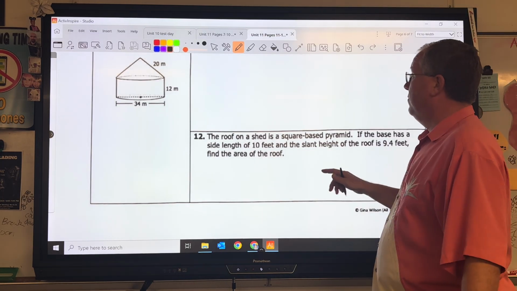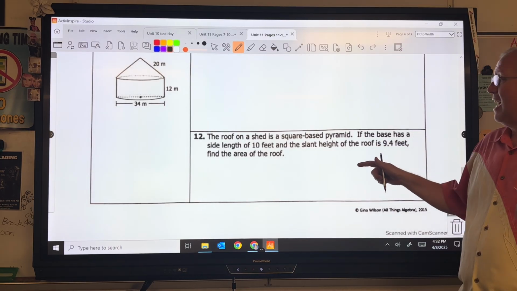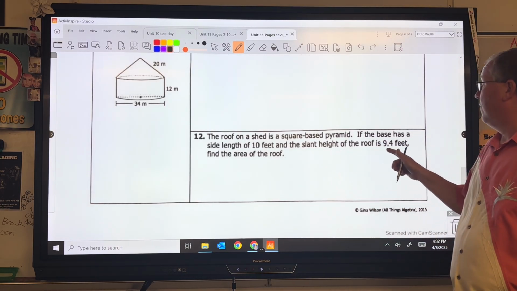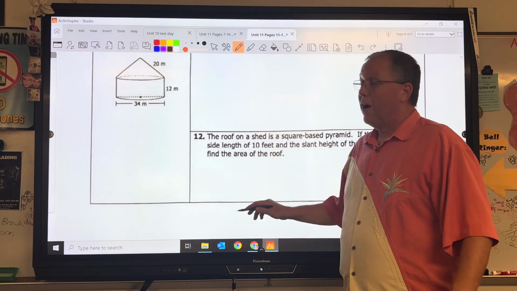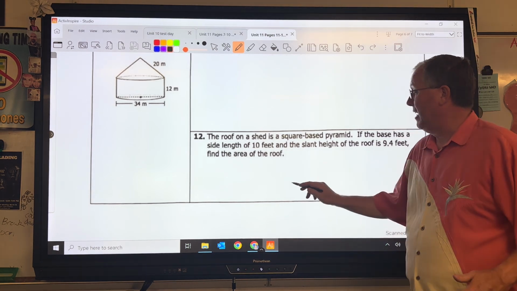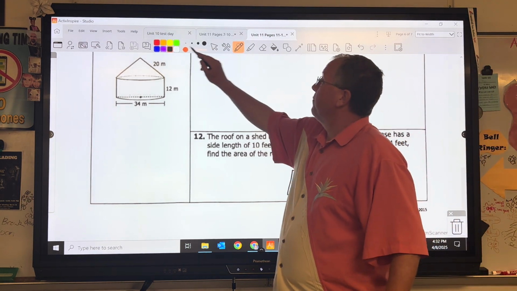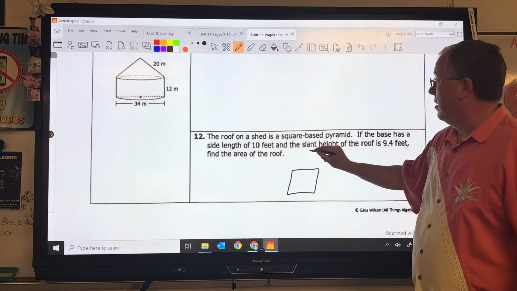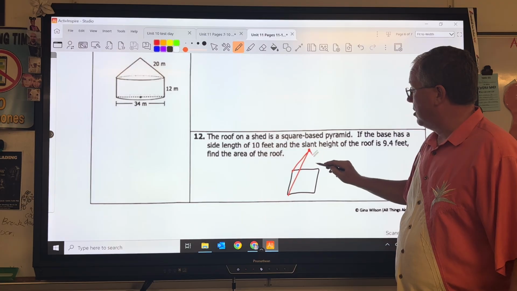Number 12 says the roof of a shed is a square base pyramid. If the base has a side length of 10 feet and the slant height of the roof is 9.4 feet, find the area of the roof. I'm going to show you how to draw a pyramid. It's really simple. It's a square base, so just draw a square, put a point above it, and draw lines out to each of the corners.